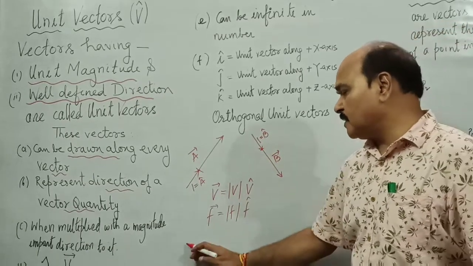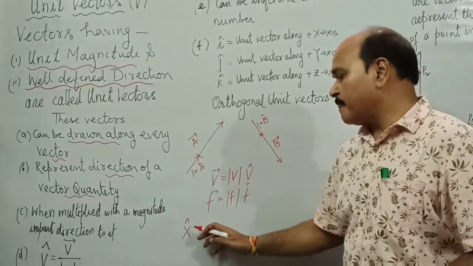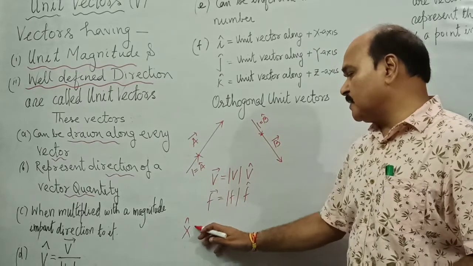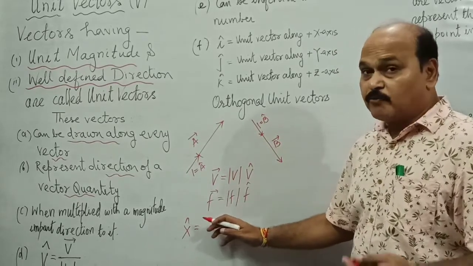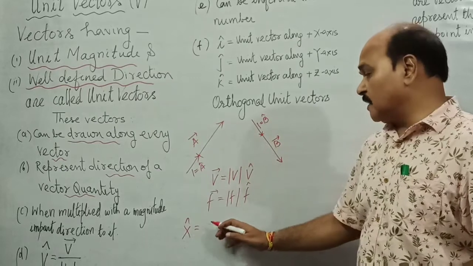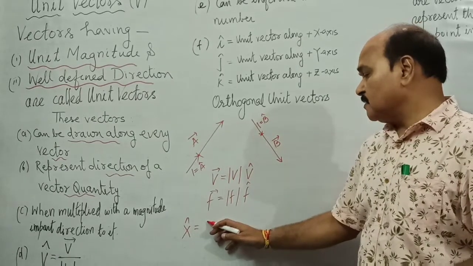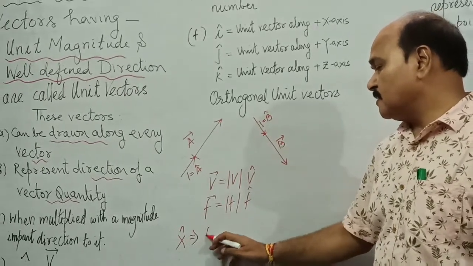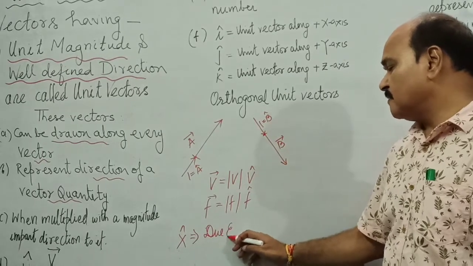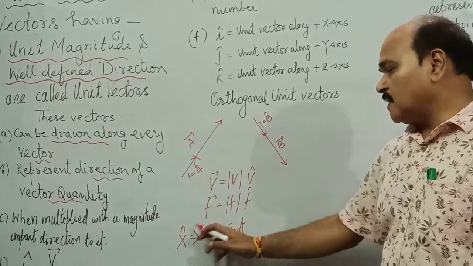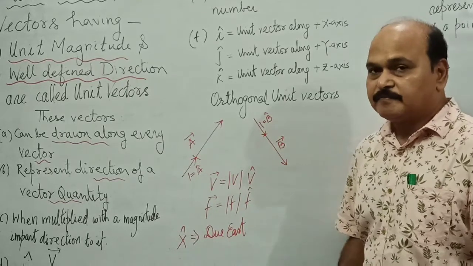Suppose we have a unit vector x cap, and this x cap unit vector of course has unit magnitude, and its direction is due east. So x cap is unit vector due east.